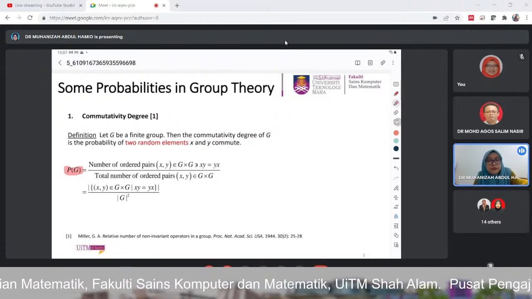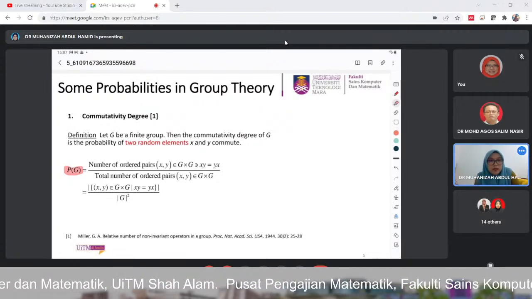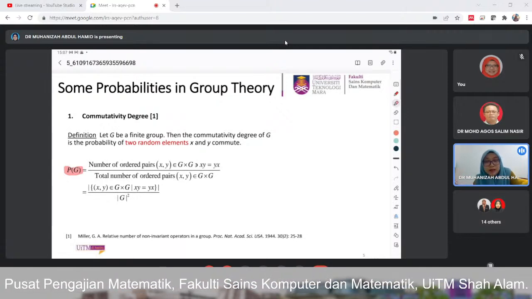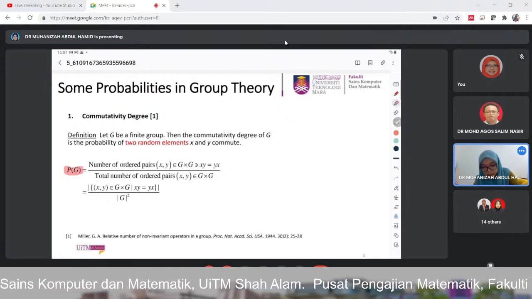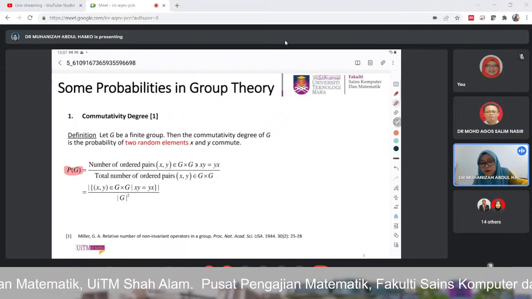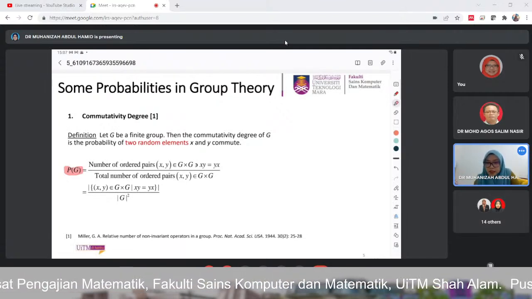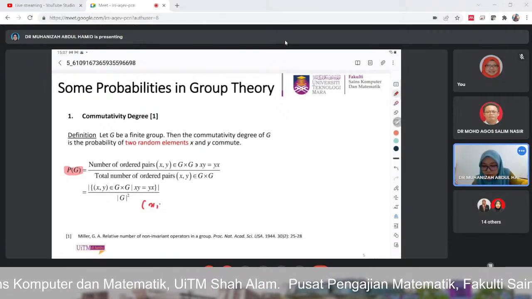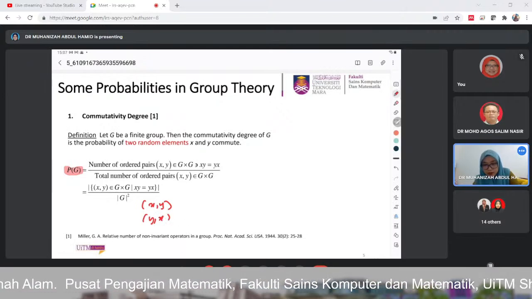The first appearance of this concept was in 1944 by Miller. It is defined as the following ratio: the number of ordered pairs that commute, XY equal to YX, divided by the total number of ordered pairs in the group. Here you have to take note that XY and YX are two different pairs.